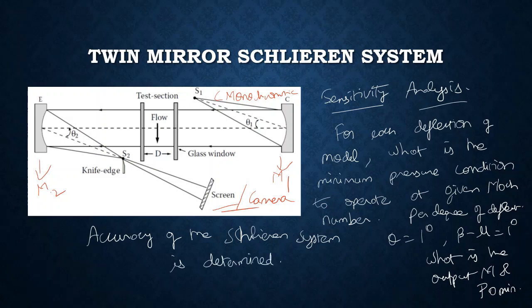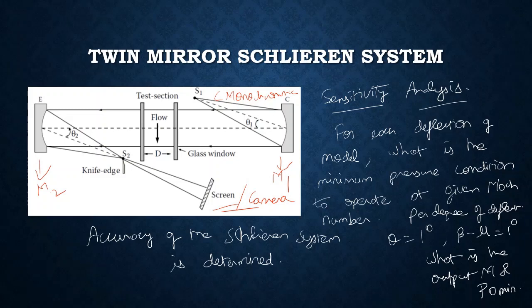In such a way, we are recording the accuracy. So by sensitivity analysis, you can record the accuracy of the Schlieren system. If accuracy is more, then your reading is said to be the accurate reading, and from that accurate reading we can find out the exact value which is happening inside the tunnel.